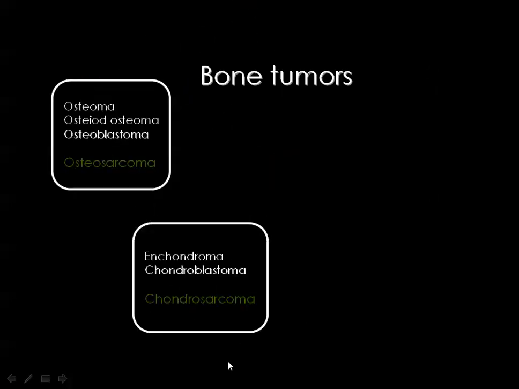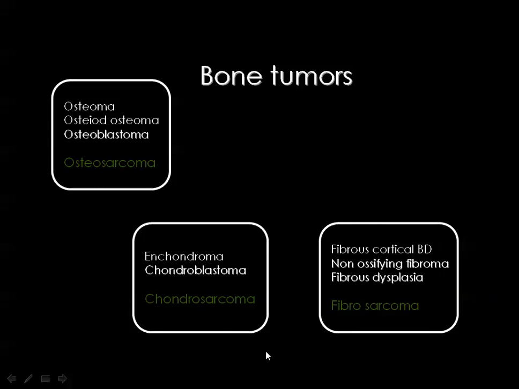The classification of bone tumors in the books is represented in this way. They usually say that there are three main cell types in the bone: the osteoblast, the chondroblast, and the fibroblast. Tumors arising from the osteoblast include osteoma, osteoid osteoma, and osteoblastoma. The malignant form is osteosarcoma. Tumors arising from the chondroblast include enchondroma and chondroblastoma, with the malignant counterpart being chondrosarcoma.